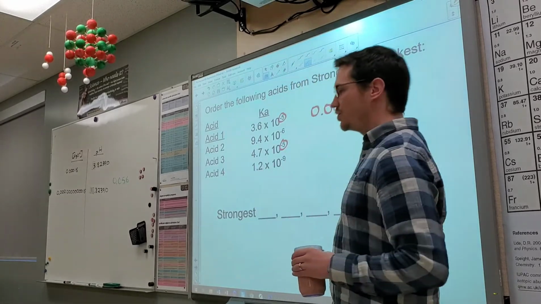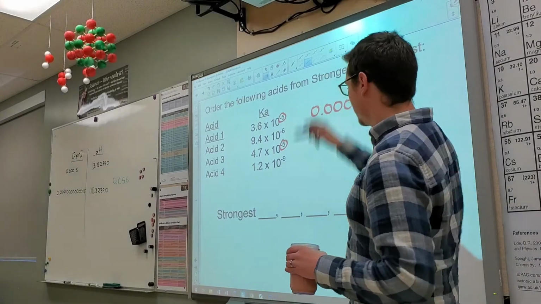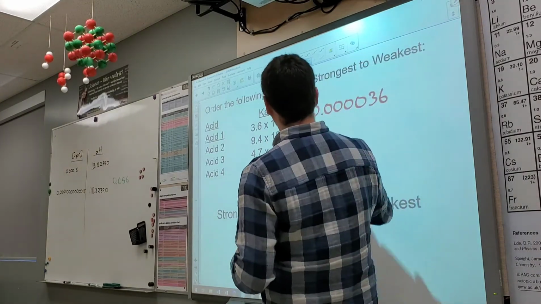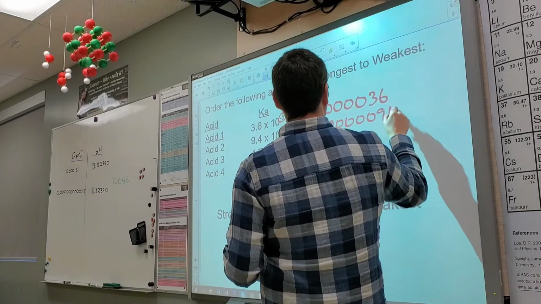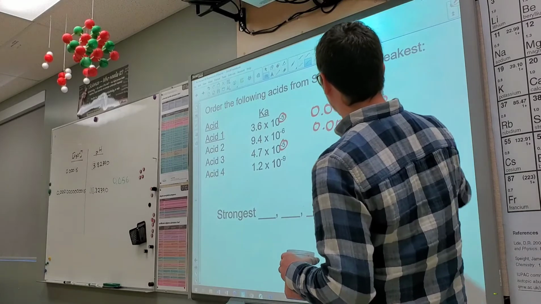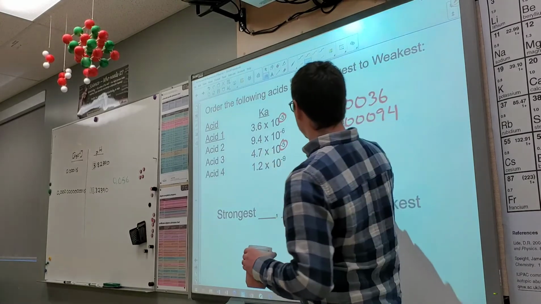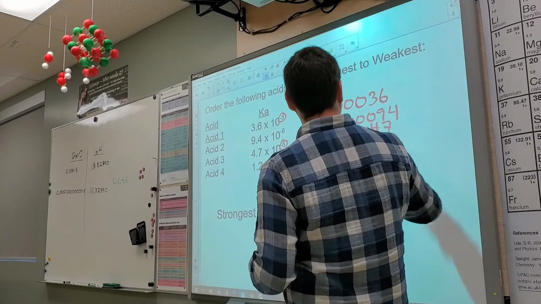0.000036. Would you agree this is 3.6 times 10 to the negative 5? Perfect, okay? 9.4 times 10 to the negative 6 is 0.0000094. Good, perfect. I'm trying to line up the zeros and the other digits, okay? This is 0.000047.